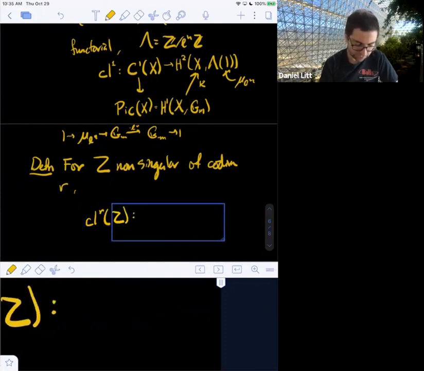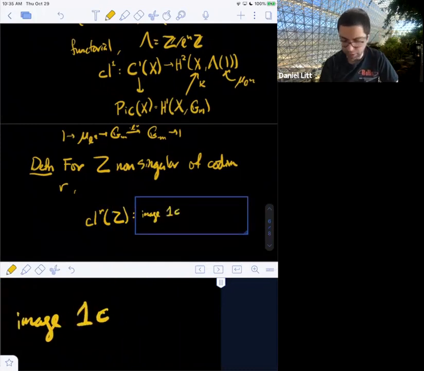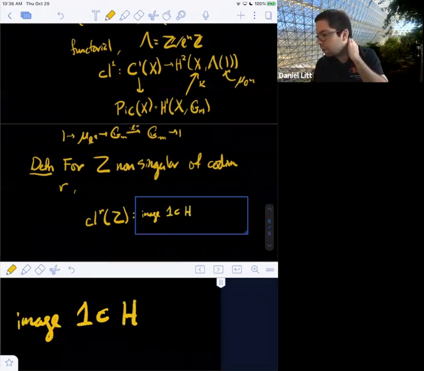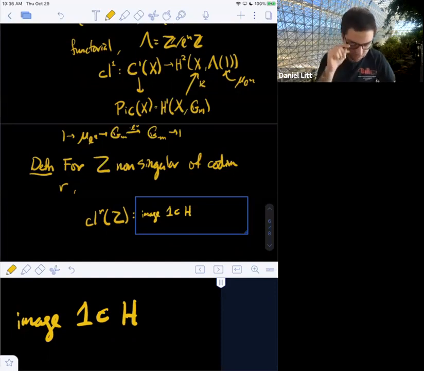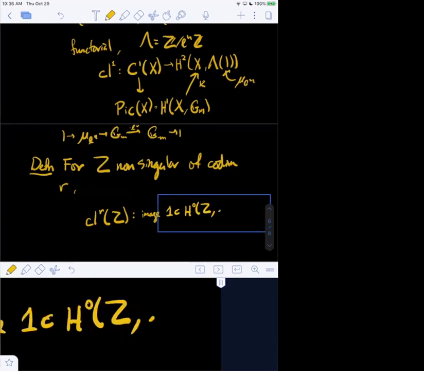So you take the image of 1 in, I'll say what I mean by this in a second, in H, with coefficients in lambda.